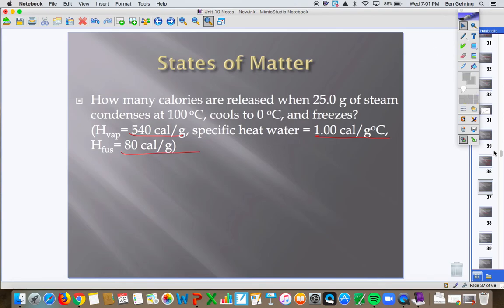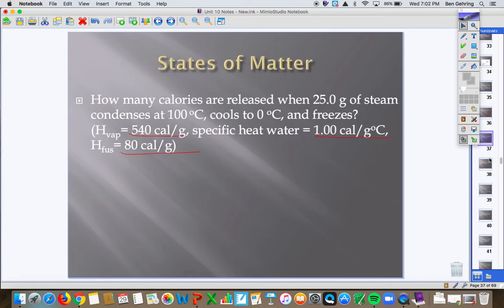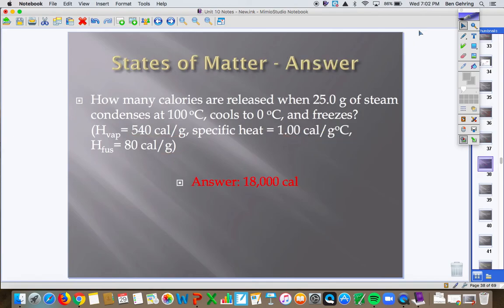Pause this screen, give this one a shot, and I will give you the answer on the next page. All right, so there we go. Your answer should be 18,000 calories. If you do this all correctly, you should have the energy needed to condense the steam, the energy needed to cool the water, and the energy needed to freeze that same amount of water. It should come out to 18,000 calories.